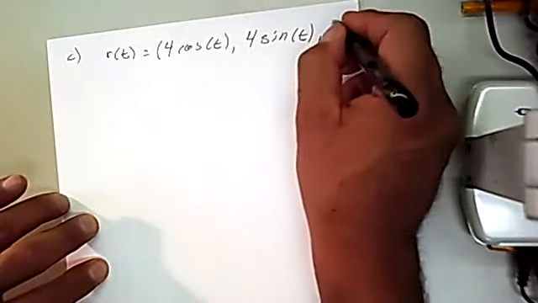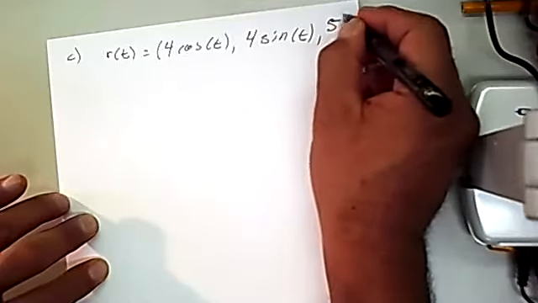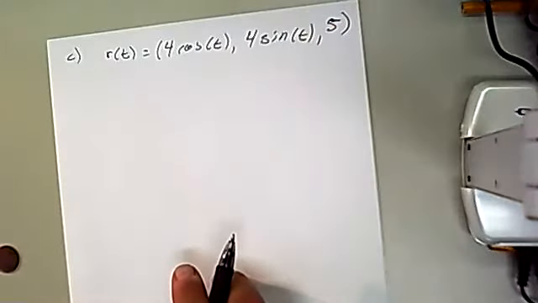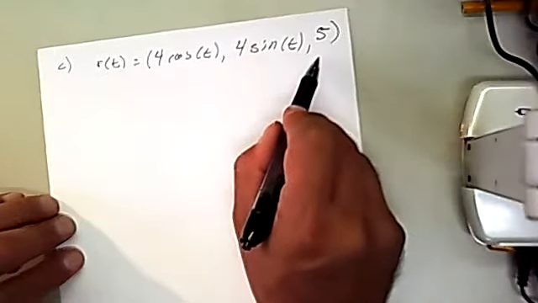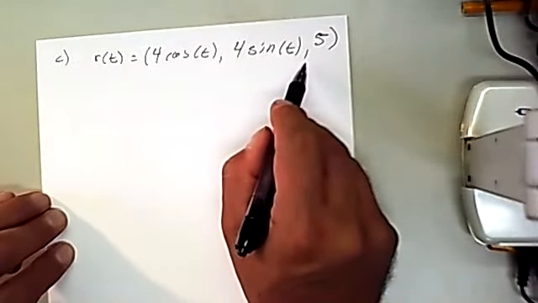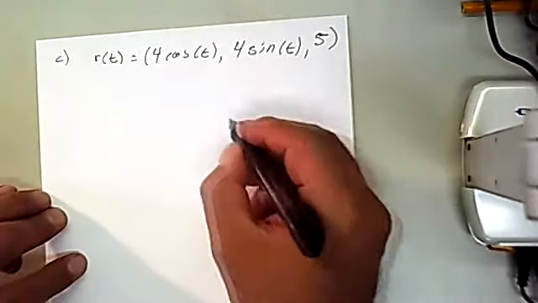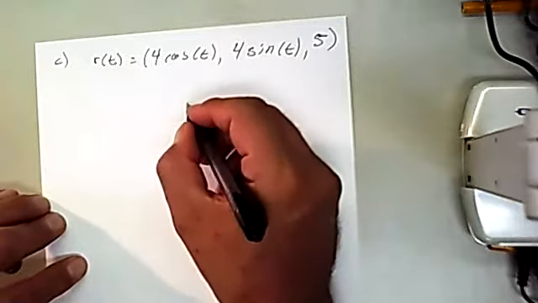But then we add 5 to our third coordinate. So the z value is fixed at 5. And then we have a regular circle on the x and y coordinates.